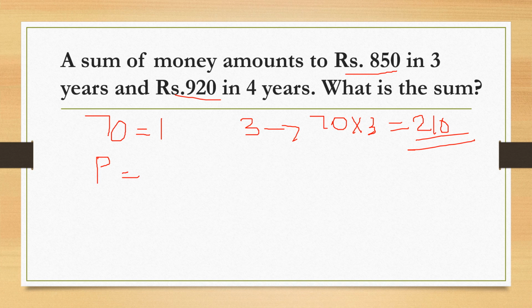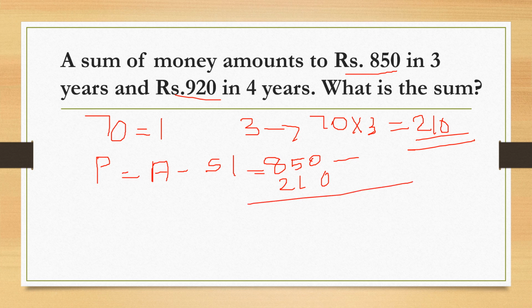That is, the amount A minus SI. 850 minus 210: 5 minus 1 is 4 and 8 minus 2 is 6. So the principal amount is 640.